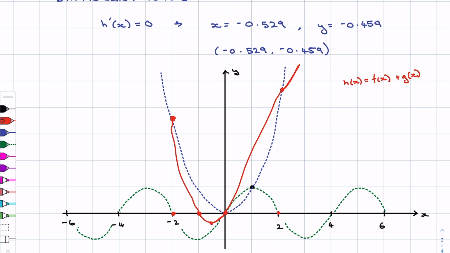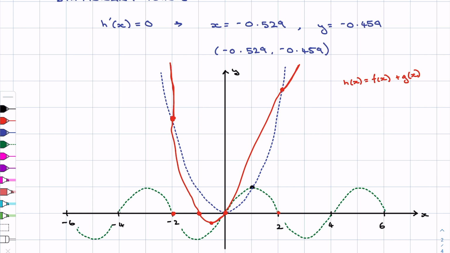I'm going to get a curve that looks like that. And then in this region here, g(x) is positive, meaning h(x) has to be greater than f(x). Okay, and there we get a sketch of h(x).